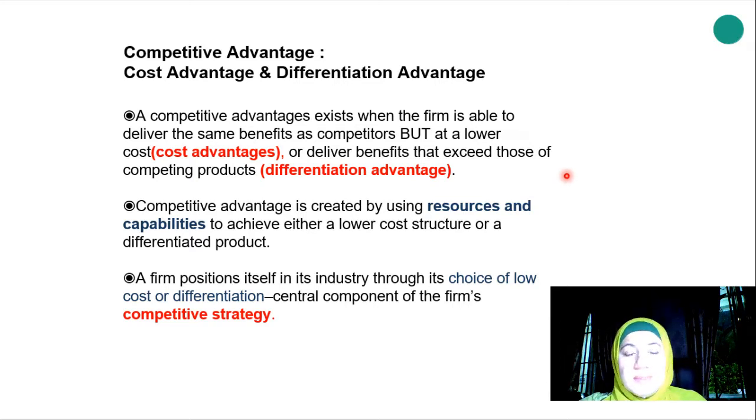In terms of lowering cost, this is called cost advantage. So one can see that competitive advantage can be created if we focus on resources and capabilities, which can be achieved by lowering the cost structure or making the product unique. The choice of low cost or differentiation will position the firm in the industry. This is what you call the competitive strategy that needs to be taken by the firm.